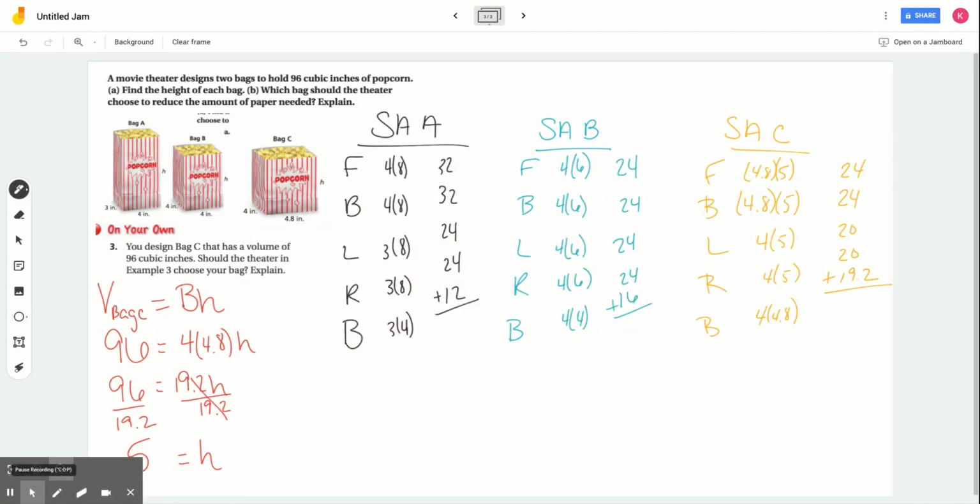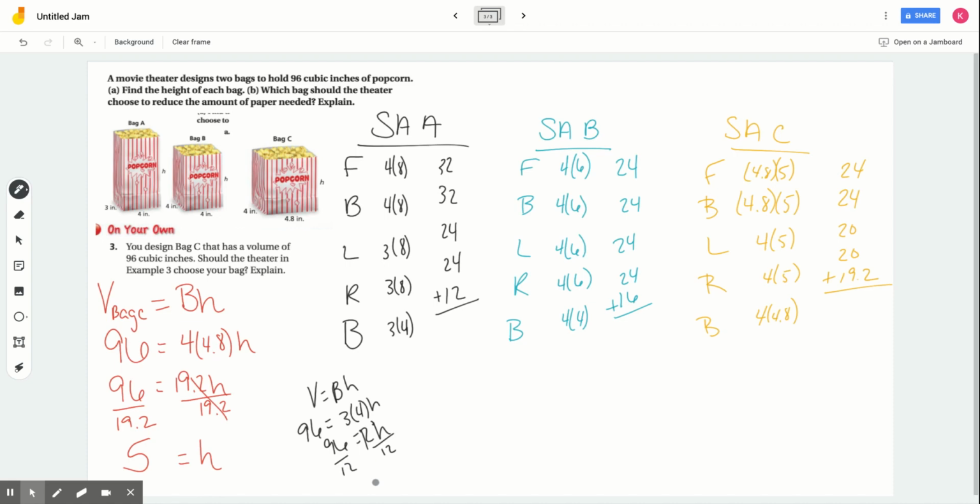Now, as you looked over this, you might have realized that you also needed the heights of bag A and bag B, which were found using the example given in the book. So if we would have found the heights of those for bag A, 96 would be equal to 3 times 4 times the height. So 96 would equal 12h.